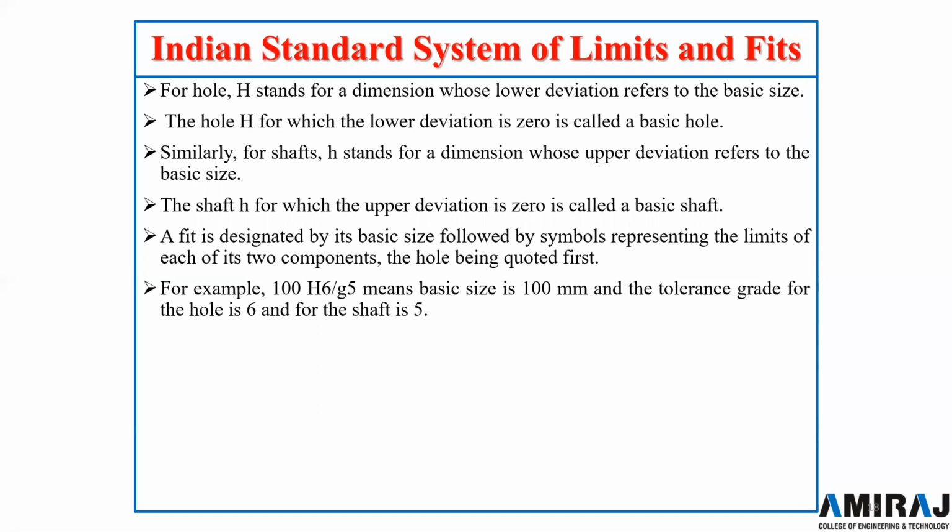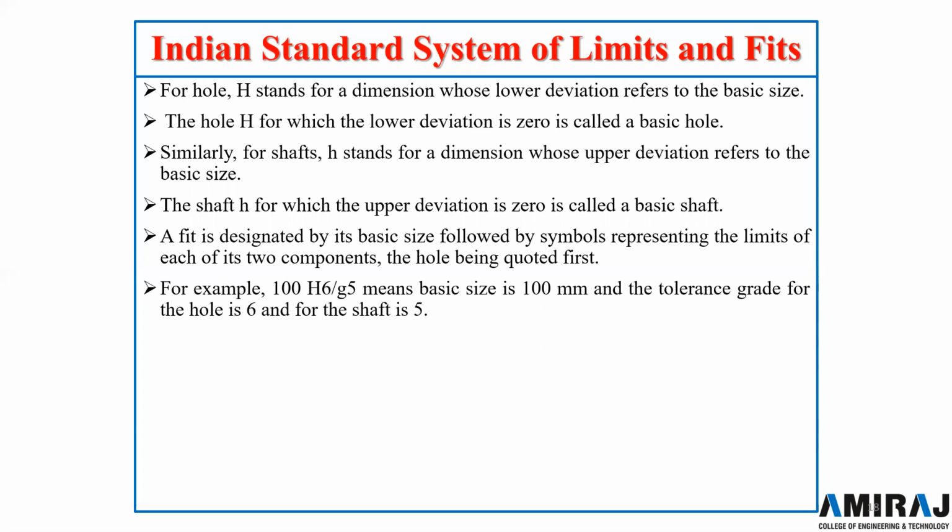For example, 100 H6 g5 means that the basic size is 100 mm and the tolerance grade for the hole is 6 and for the shaft it is 5.